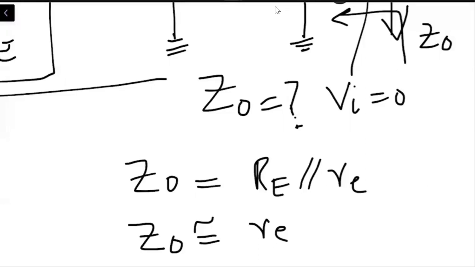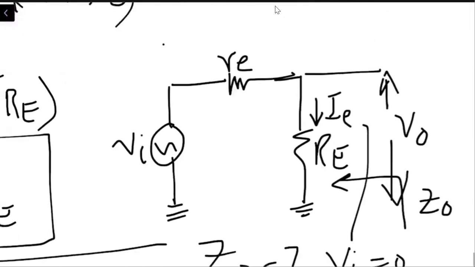And from the circuit, V naught should be equal to, in terms of Vi, Vi into capital RE divided by RE plus small re.